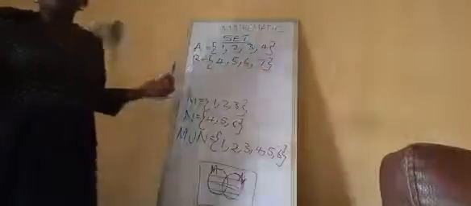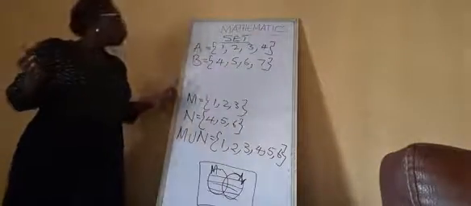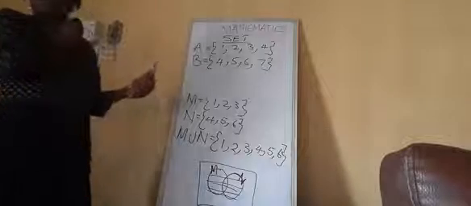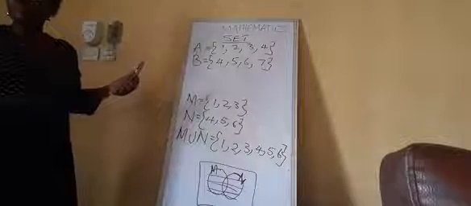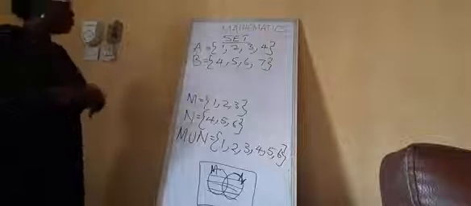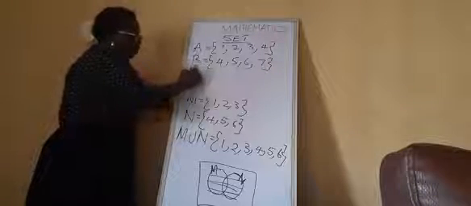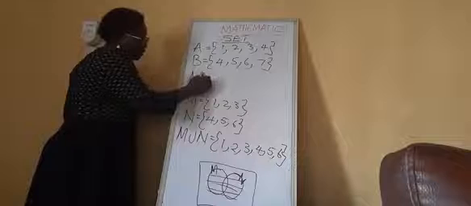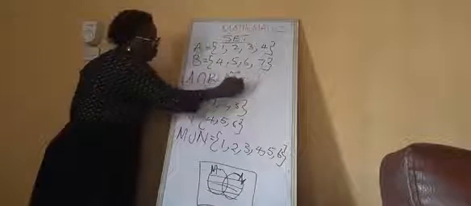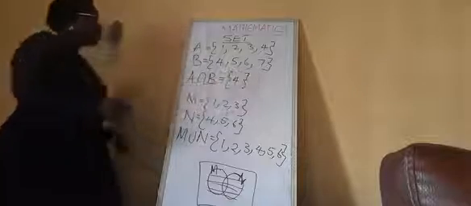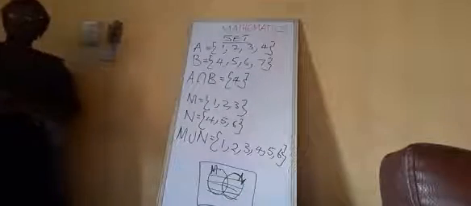What I mean by the relationship is what is common to A and as well B. 4, that's good. So this is how you are going to write it. A intersection B is equal to, then you write it inside there. That shows the relationship between the sets.